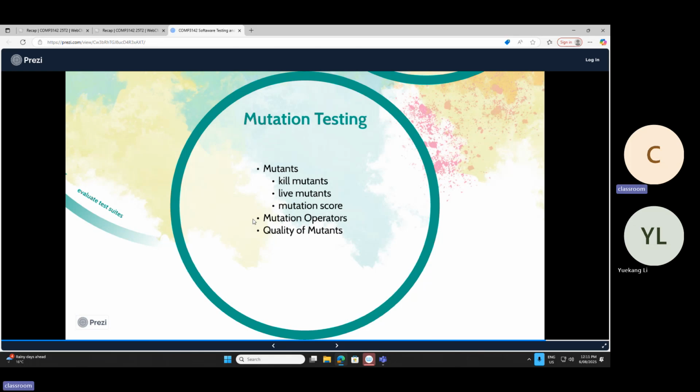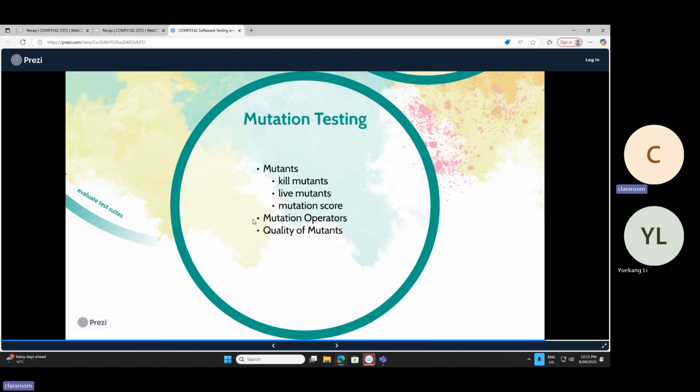And the way of creating these programs is through mutations. So through some random changes to the original program, which are likely to inject some bugs. And then we can use our test cases to see if our test cases can capture these injected bugs, right?